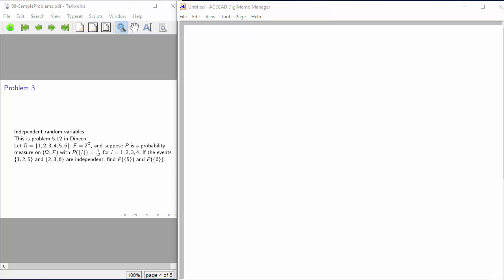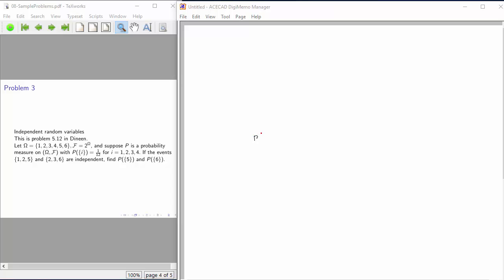We're also told that the event 1, 2, 5 is independent of the event 2, 3, 6, and that's enough information so we can figure out the probability of 5 and the probability of 6 by getting a pair of simultaneous equations. So here goes.